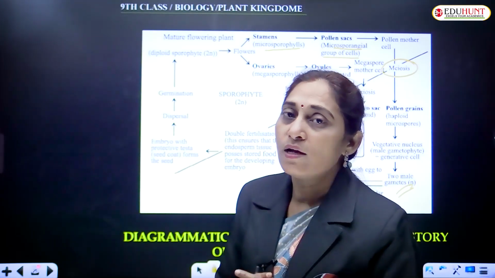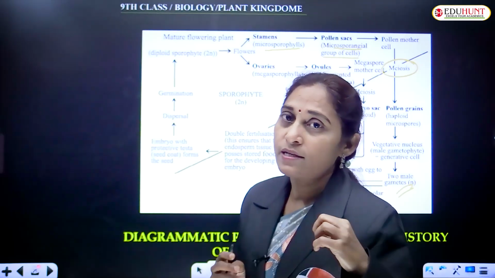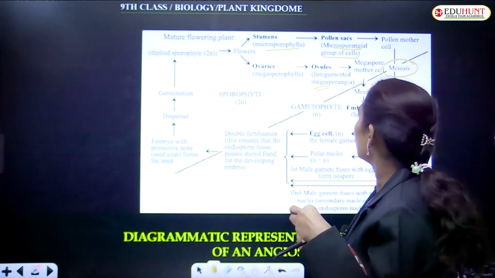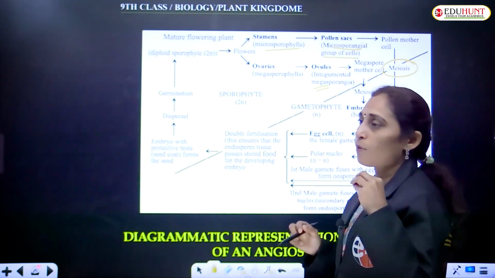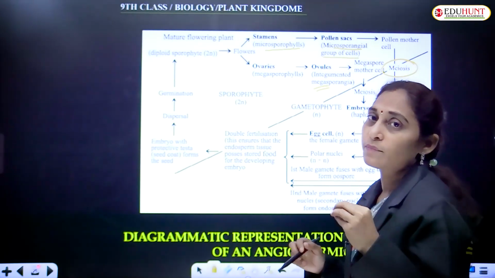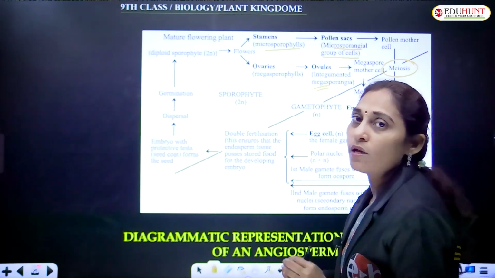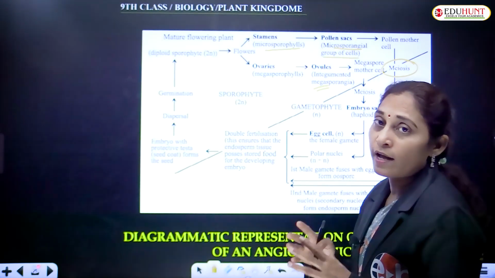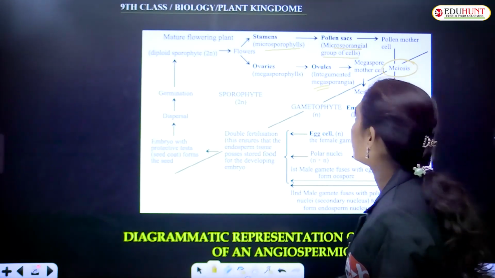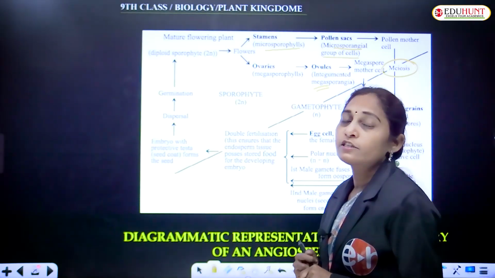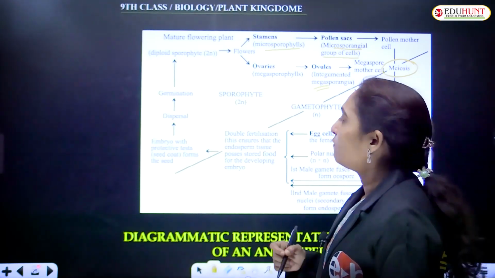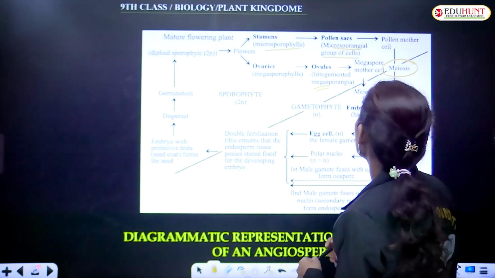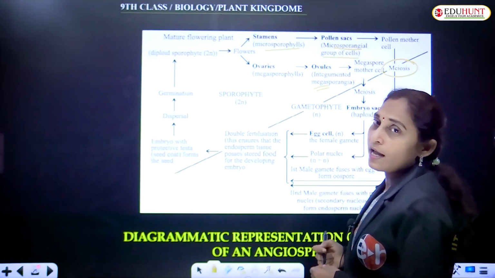The enveloped megasporangium is called the ovule, and a cell deep in the nucellus differentiates into a megaspore mother cell, which is a diploid one, and this undergoes meiosis to produce the embryo sac.